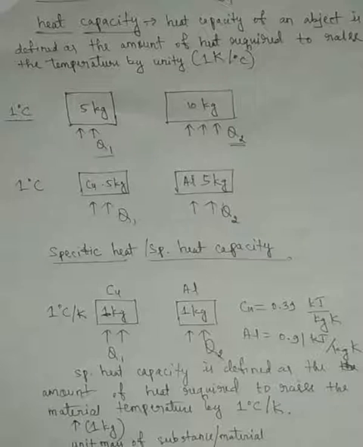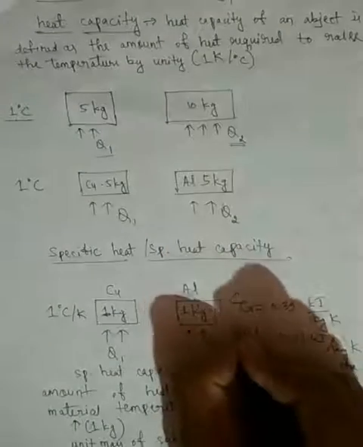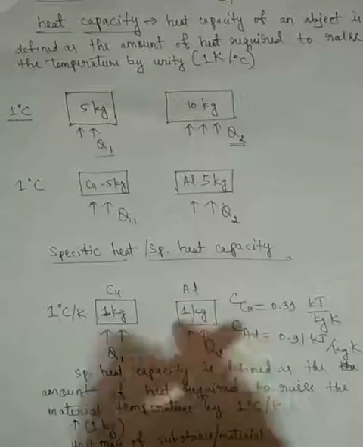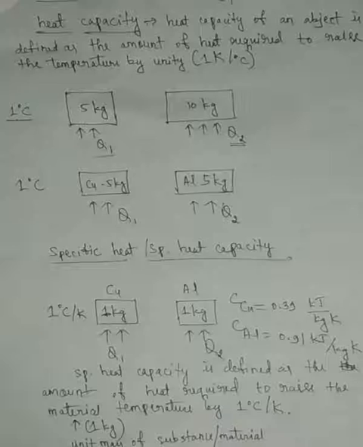So if you take 1 kg of water and want to raise its temperature by 1 Kelvin or 1 degree Celsius, you need to supply 4.128 kilojoules of heat. When we compare water with copper and aluminium, we see that water has the highest specific heat.